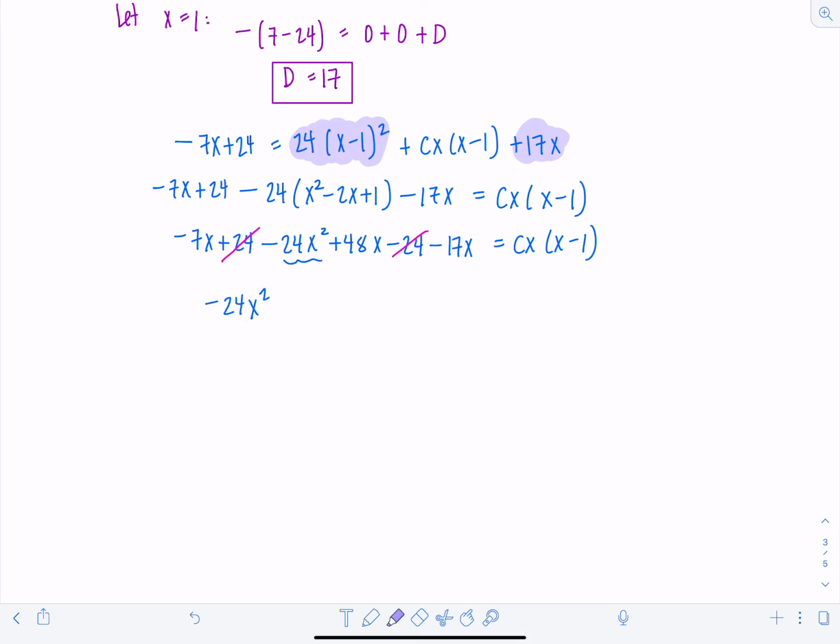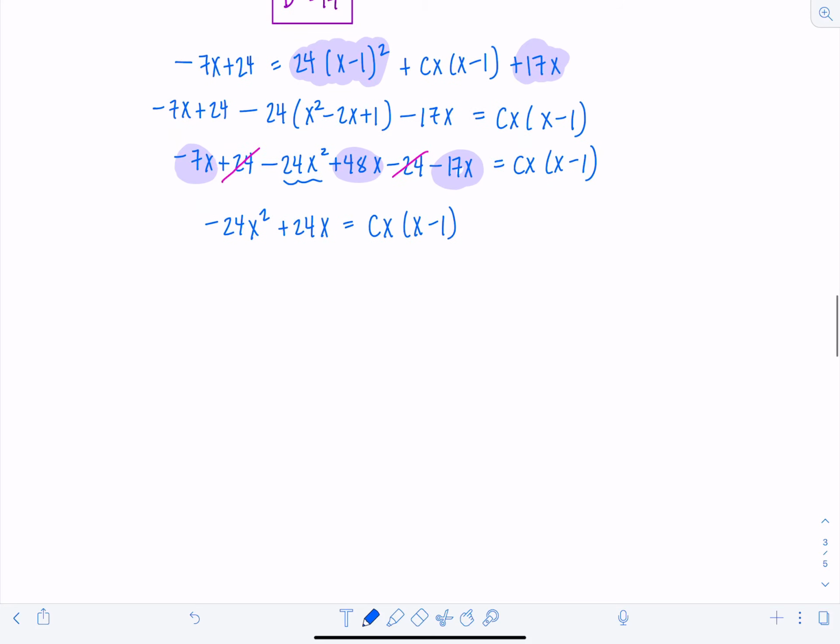This is going to give me negative 24x, but then I have plus 48x. So that's plus 24x. And this equals cx times x minus 1. And then let's factor out the GCF on the left-hand side. I can take out a negative 24x. And then I have x minus 1 left. And this equals cx times x minus 1.